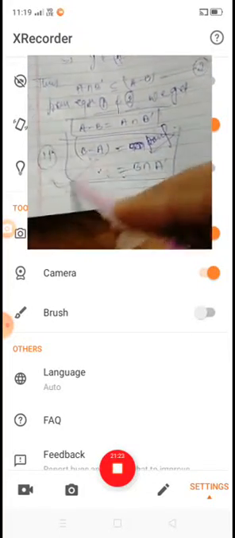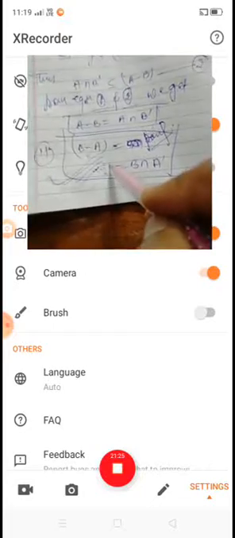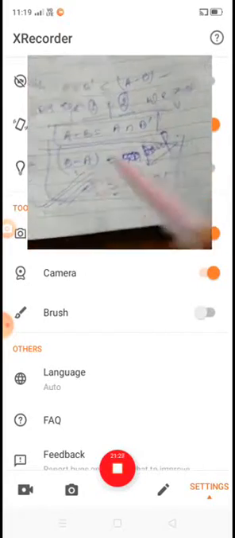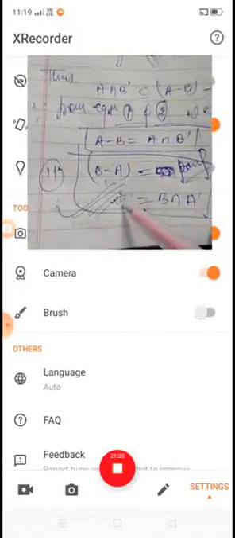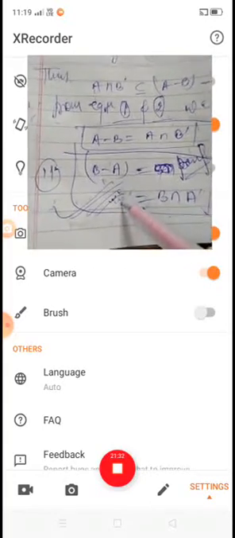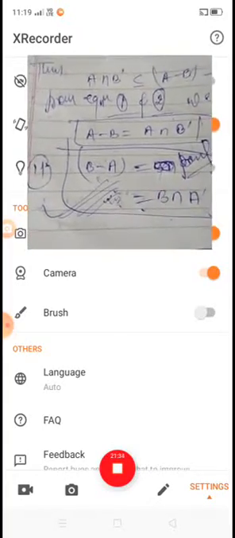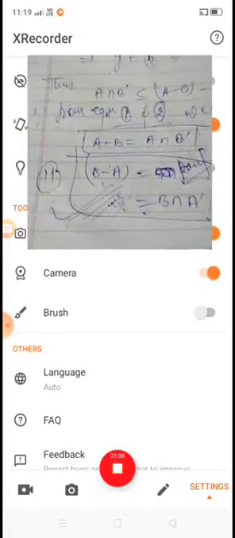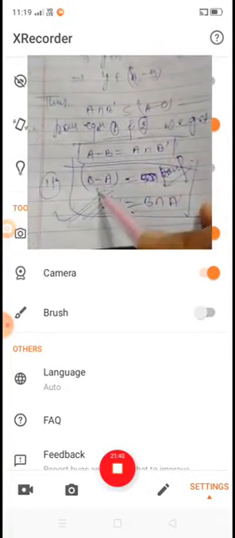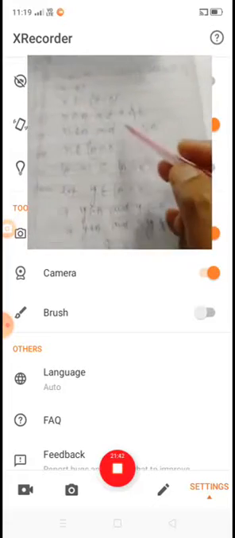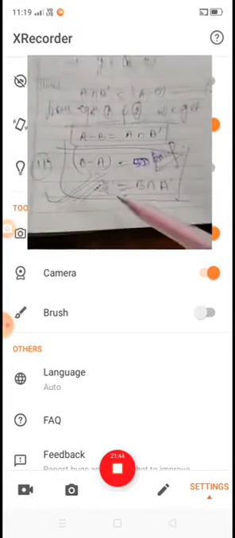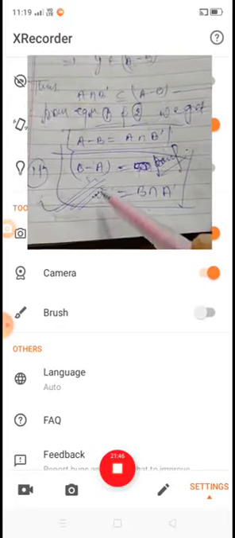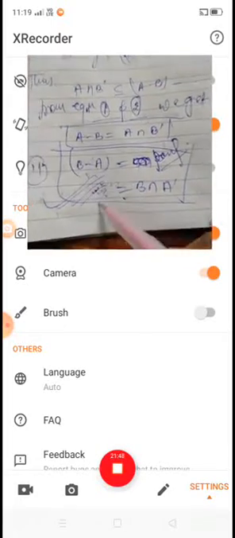This is the homework for all students. Now we take another result. This question is the same as the previous question, so all the students prove these results.